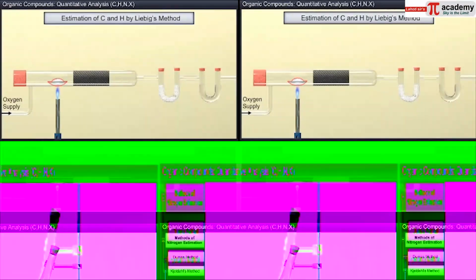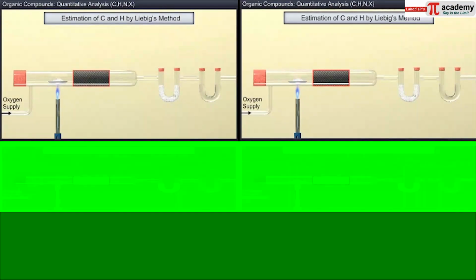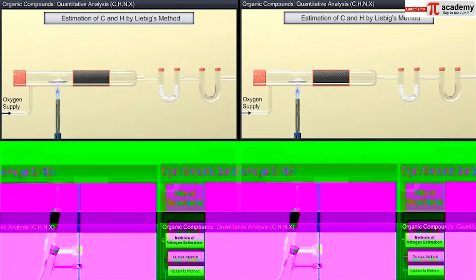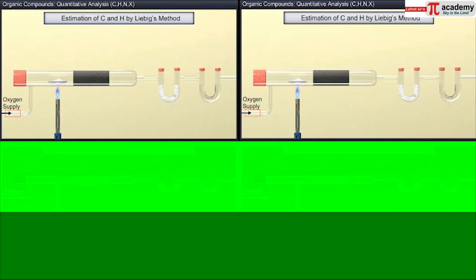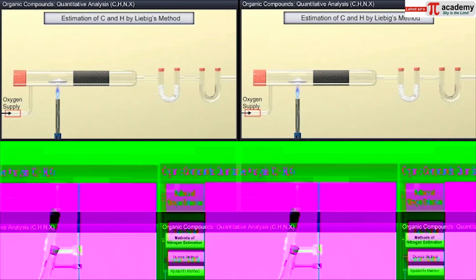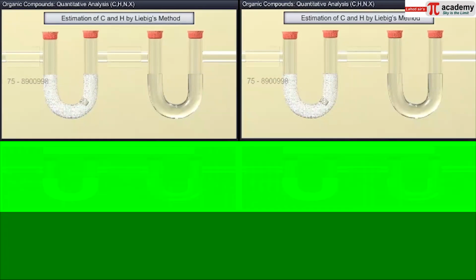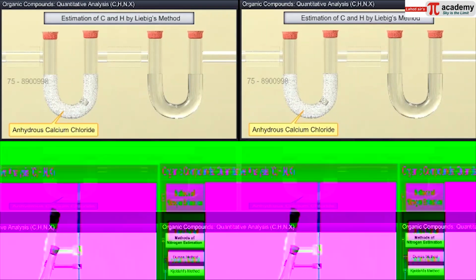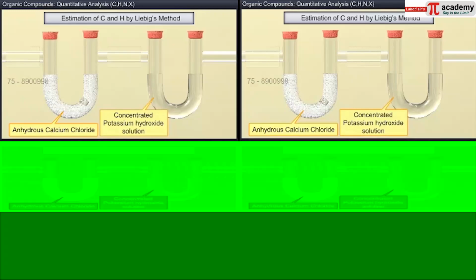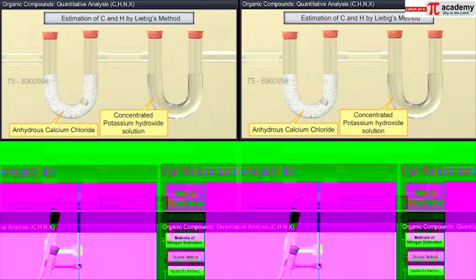The boat is placed in the glass combustion tube packed with copper 2 oxide pellets. One end of the combustion tube is connected to the oxygen supply, and the other side is connected to the 2 U-shaped absorption tubes. One of the absorption tubes contains anhydrous calcium chloride, while the other contains concentrated potassium hydroxide solution.